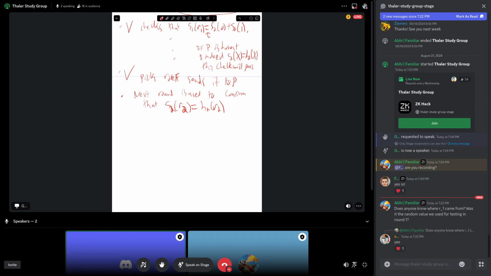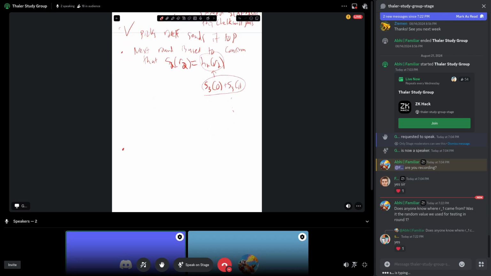In round 3, H2 would implicitly get broken down: there'd be a consistency check in round 3 where H2 of R2 gets replaced with S3 of 0 plus S3 of 1, where this is the prover's round 3 message, and so on and so forth.